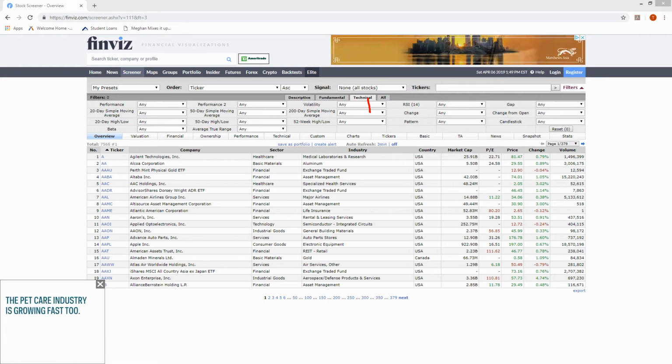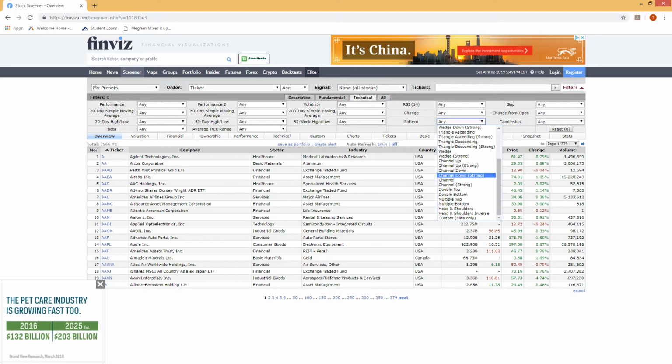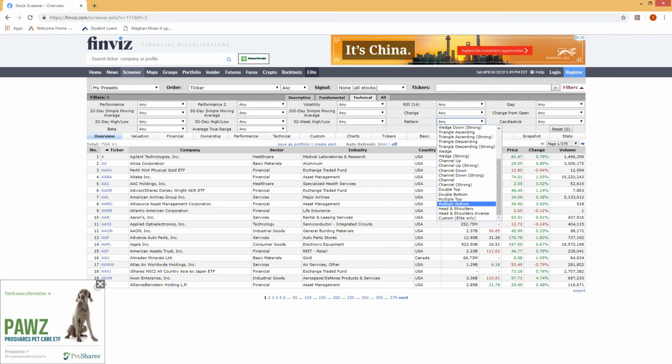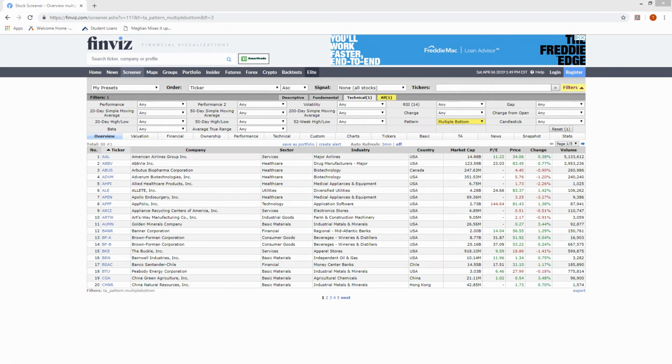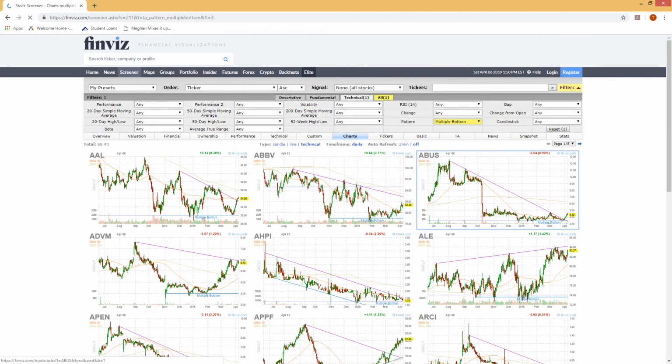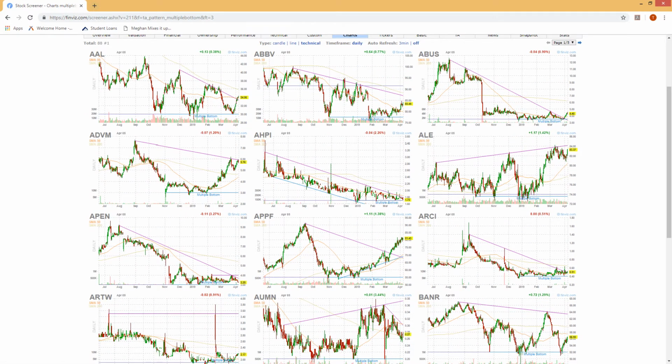If you click on technical, it'll allow you to pick patterns. For support, what we look for is multiple bottoms, and for resistance, what we look for is multiple tops. So let's click into multiple bottoms. Once you click on there, go to charts right here. Once you go into charts, it will allow you to see a bunch of different charts, things that are setting up for multiple bottoms.